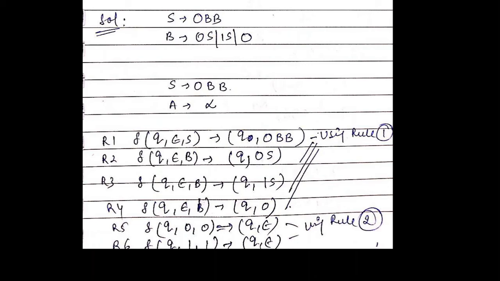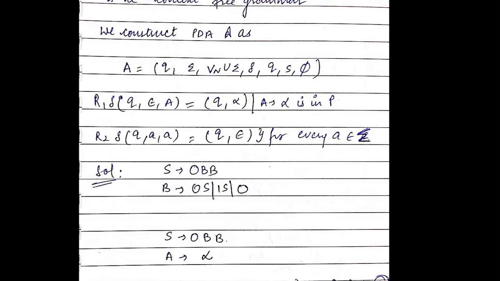And for the terminals available, say the terminal is a, we write (q, a, a) tends to null.